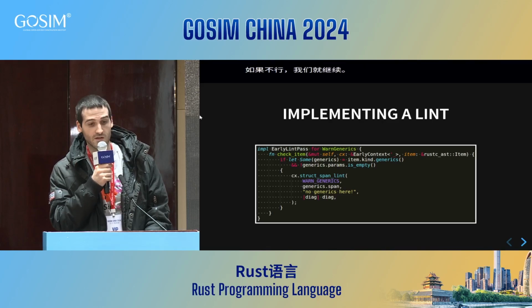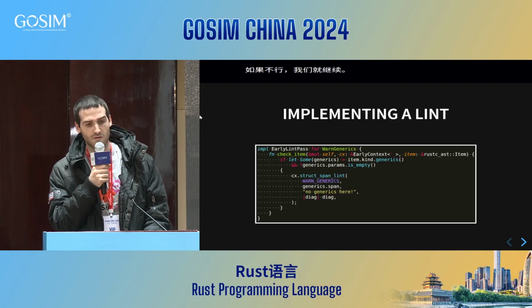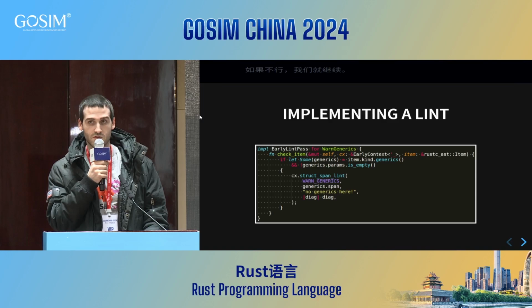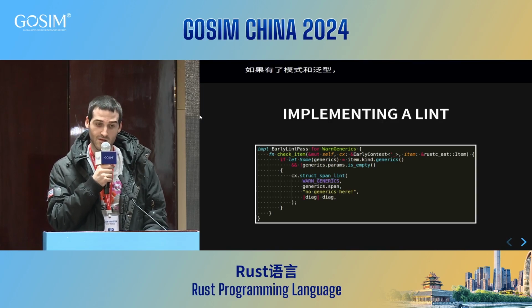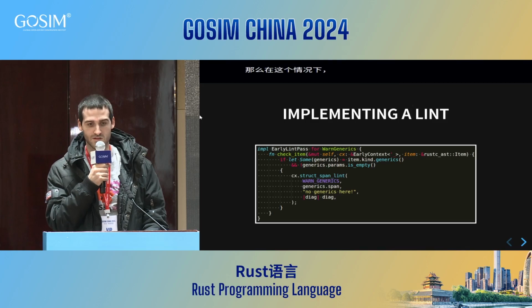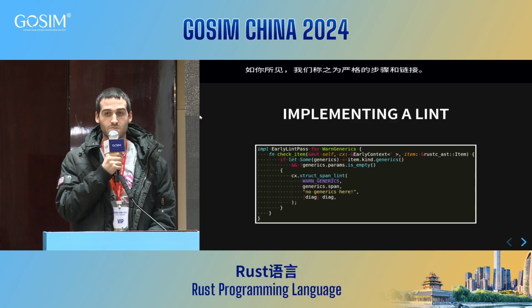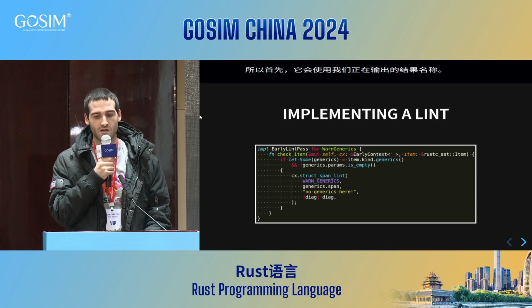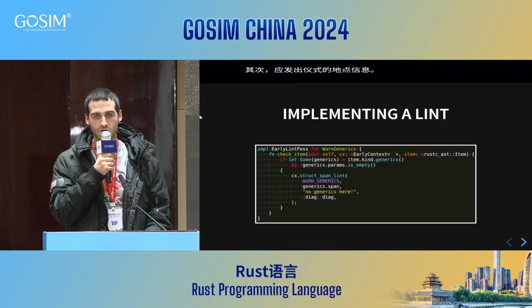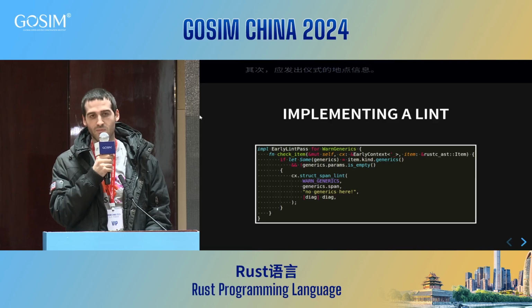So as you can see, we call the struct span_lint. So first, it takes the name of the lint we are emitting. Second, the location where the lint should be emitted. That is interesting because the Rust compiler works with a long string to store all the source code information. So instead of having strings passed down everywhere, we just have two integers.